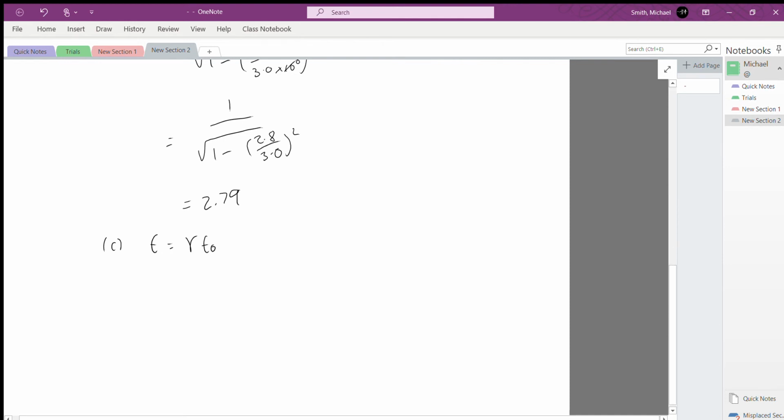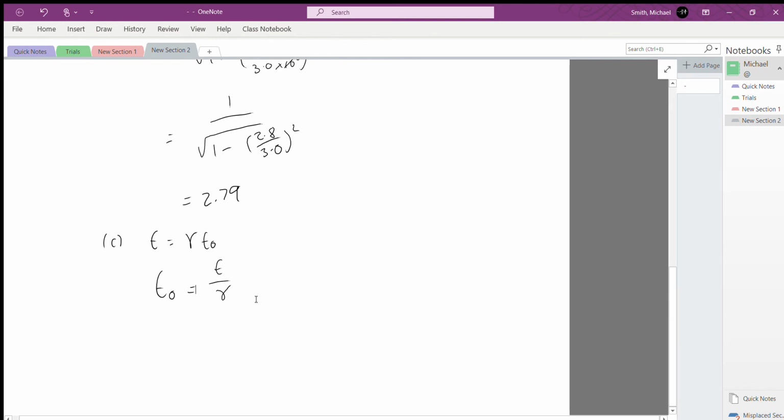We're after the time measured in the frame of reference where the coordinates are fixed, so that's the frame of reference of the pion. So here T0 equals T on gamma.